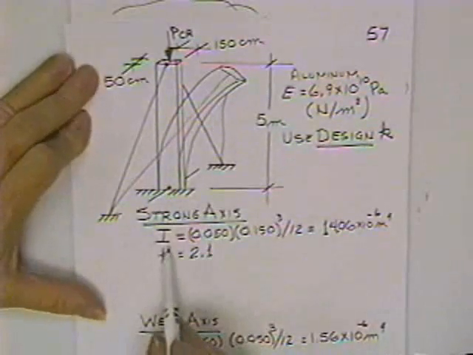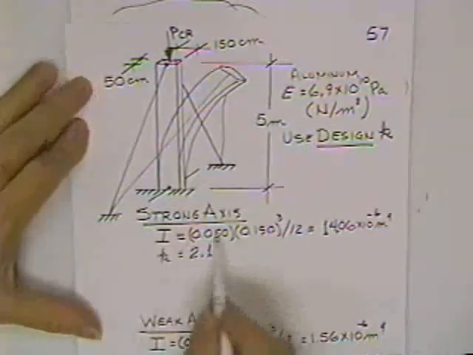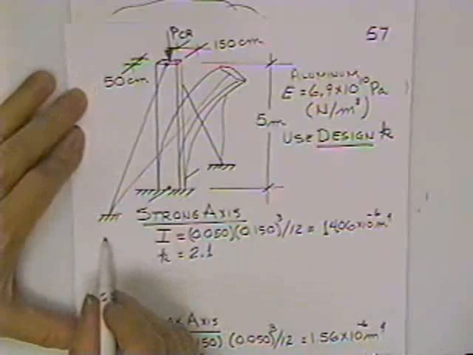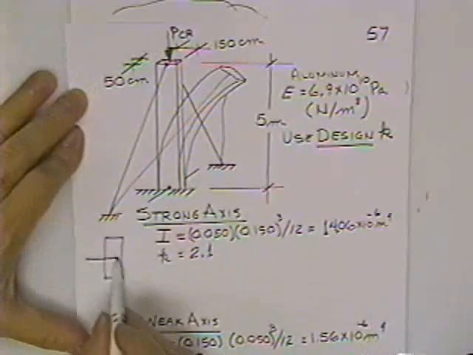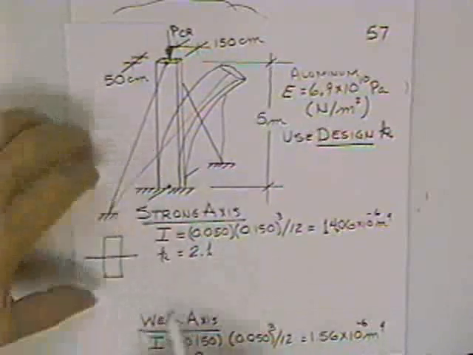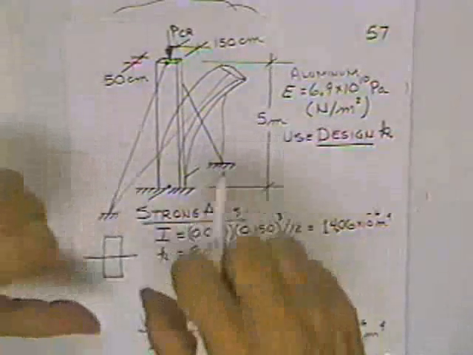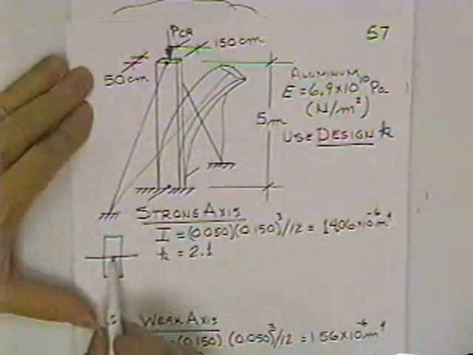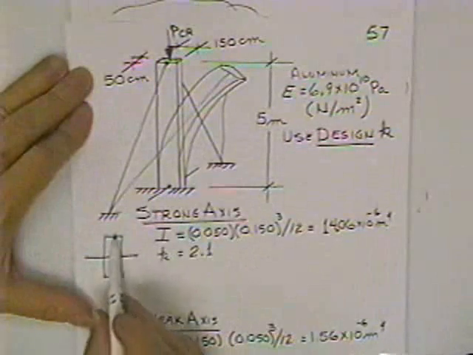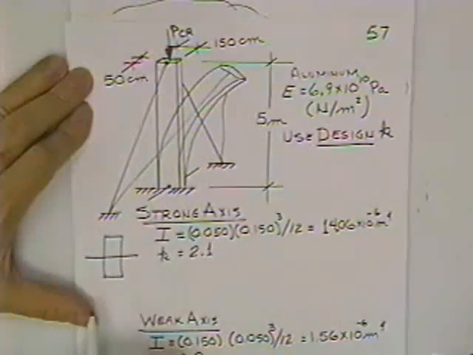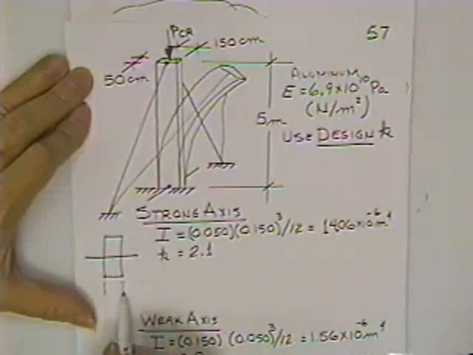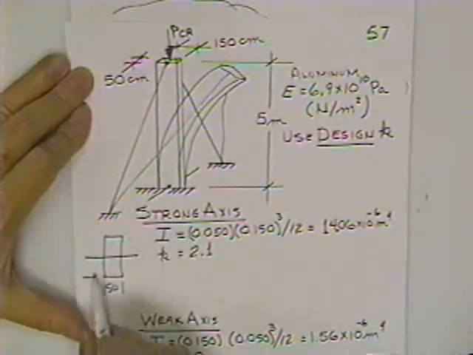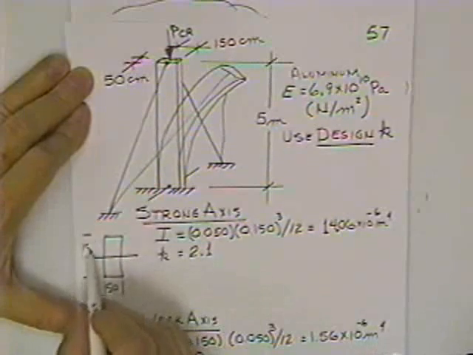Now I went ahead and calculated the moment of inertia. And let me make sure we know why these numbers are like this. If you say it's going to buckle about the strong axis, then I'm going to show you that as the buckling axis. I'm going to show you a lot of material way off of the neutral axis. I want to show you the base is 50 and the height is 150.